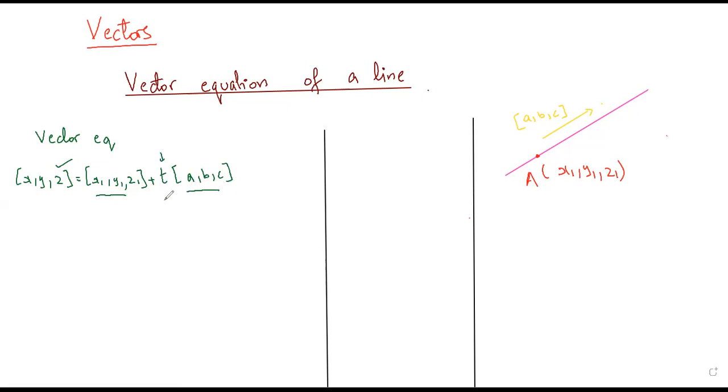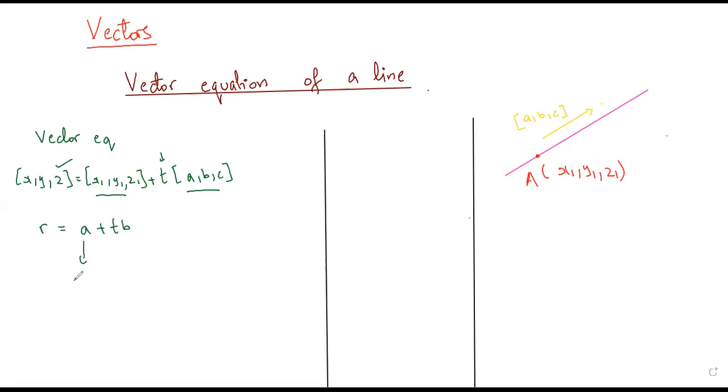your line. Now you can use t, s, lambda, mu, that is your choice. Obviously it can be represented in any way. That's completely your choice. So we can also write it this way: r equals a plus tb. Now this is obviously a simpler version of writing it. And again, a has the coordinates x1, y1, z1.